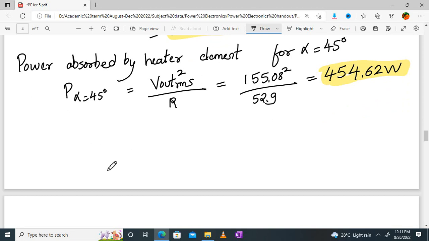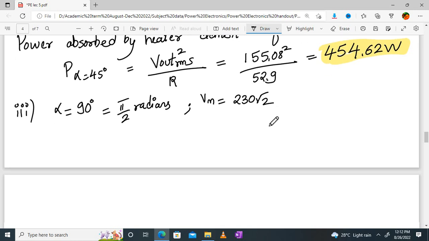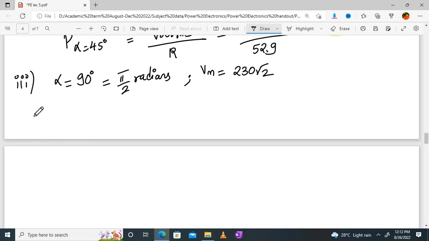So next will be the third part, for alpha equal to 90 degrees. What is 90 degrees? Pi by 2 radians. And over here Vm will be 230 root 2. So we have to calculate V out RMS at alpha equal to 90 degrees.